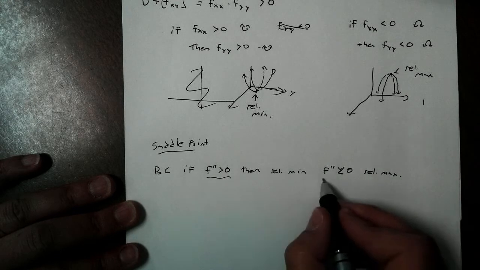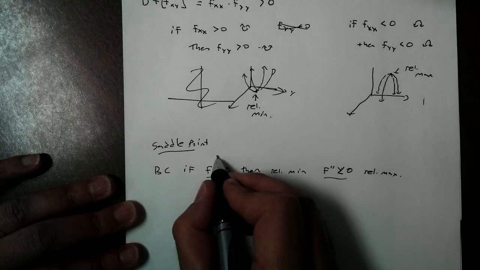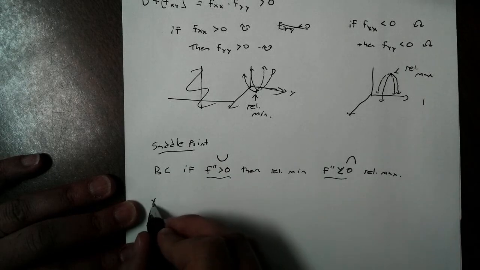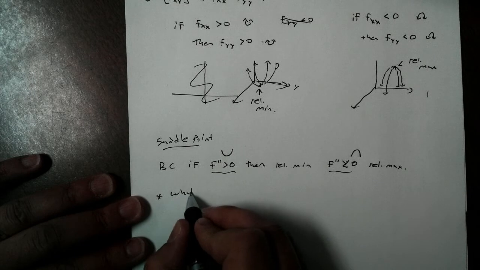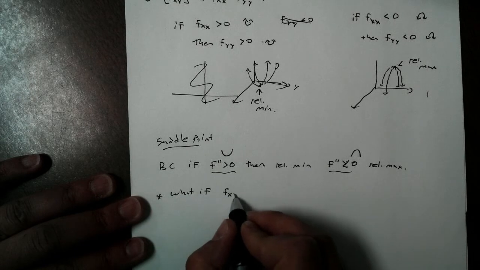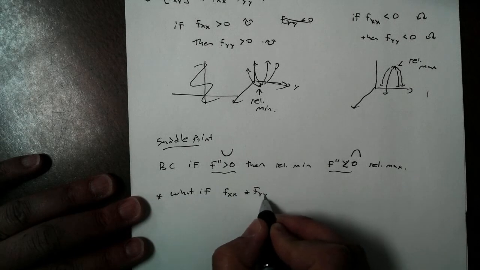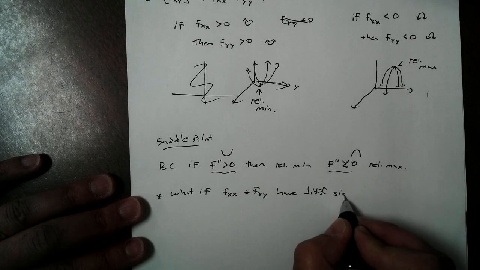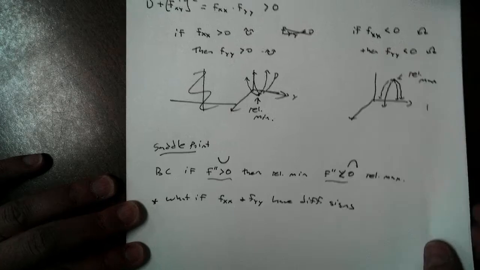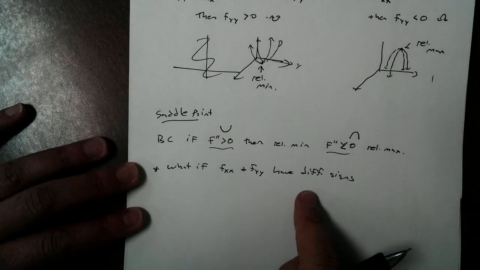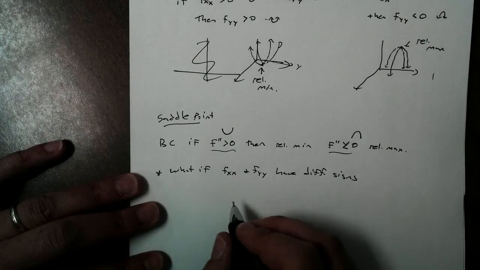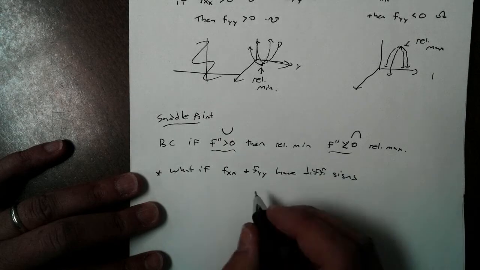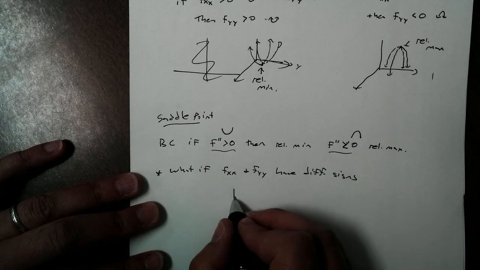So we talk about different signs right here. One would be concave up, and the other is concave down. So the question we want to ask is, what if fxx and fyy have opposite or different signs? Well, think about what happens here. One would be concave up and the other would be concave down.